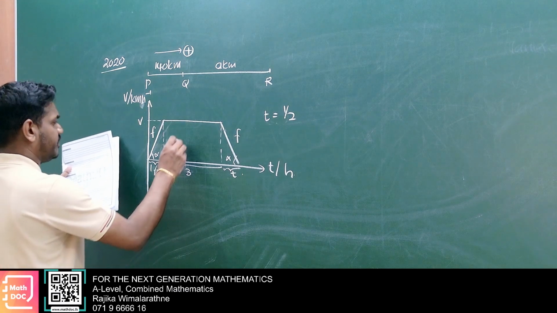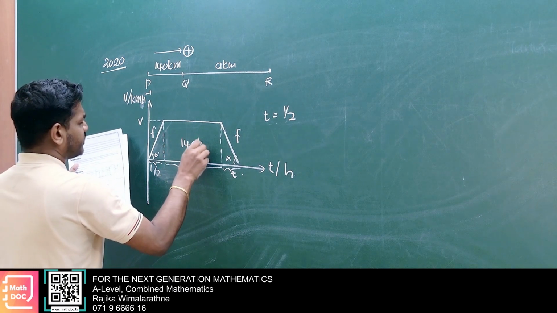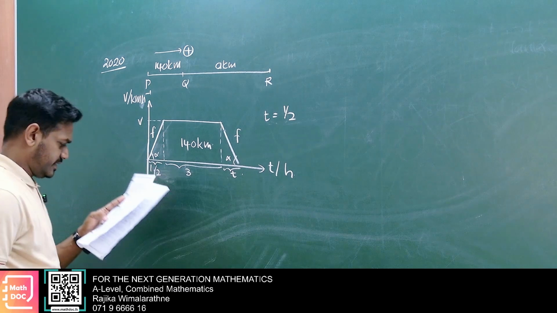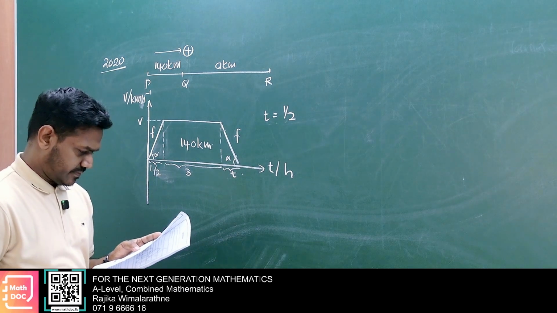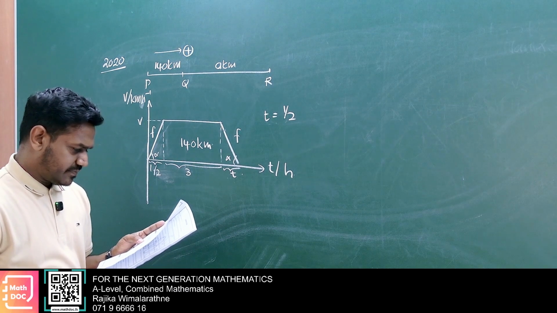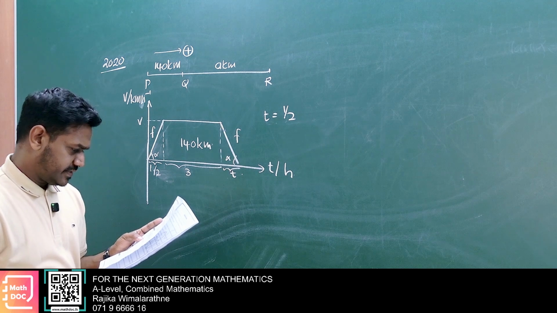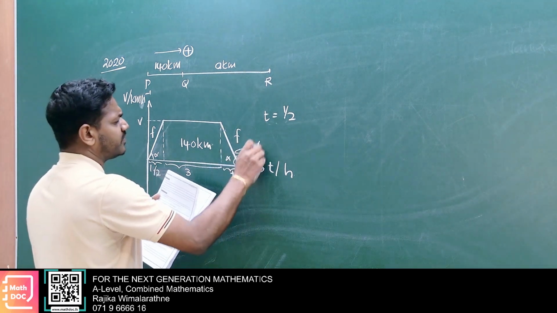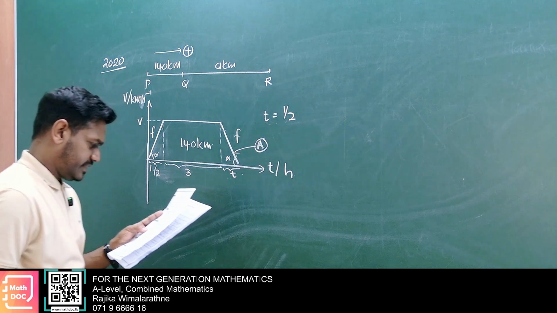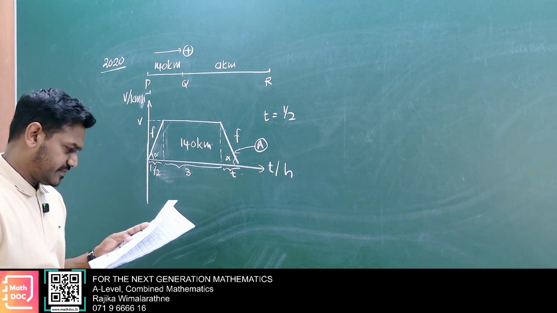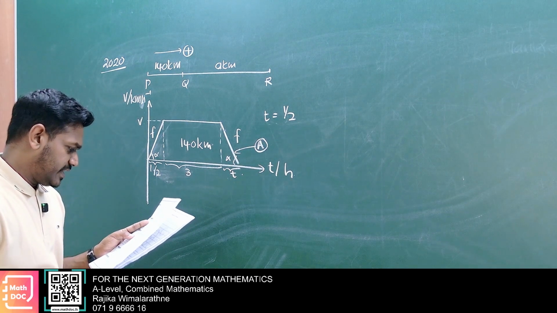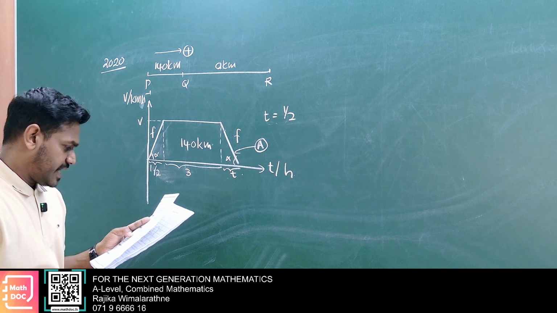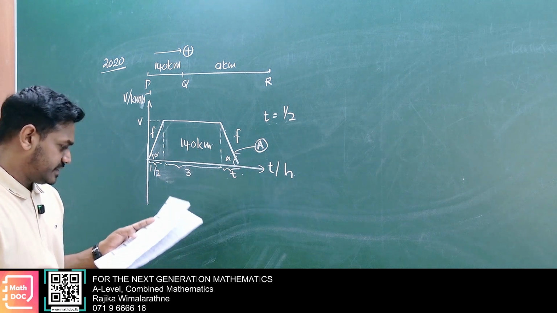Acceleration F, retardation F, angle alpha, here T equals half. Then 140 kilometers is the total displacement between the railway stations P and Q. Initially train A has acceleration F for half an hour, maintains velocity for 3 hours, and then retardation, total 4 hours.